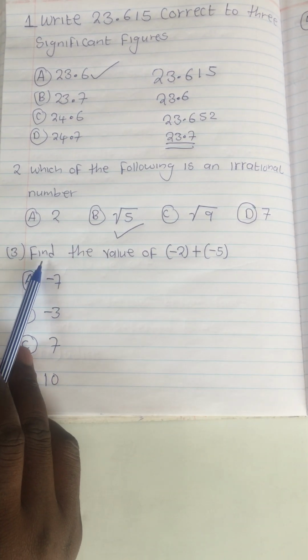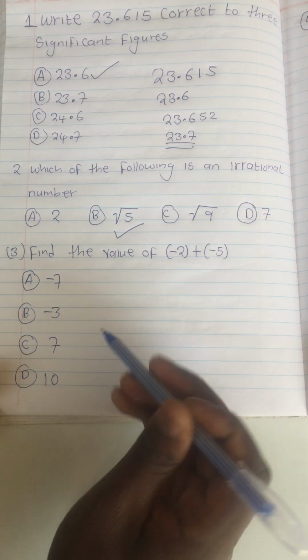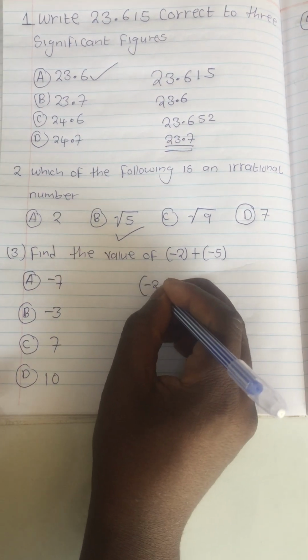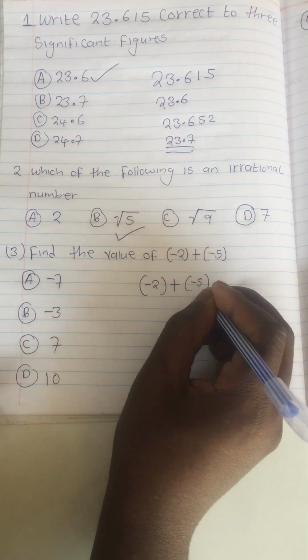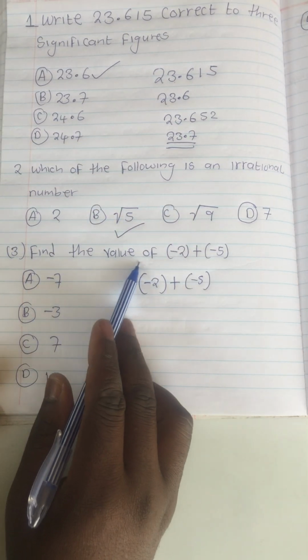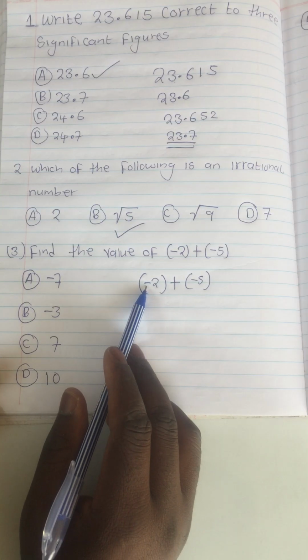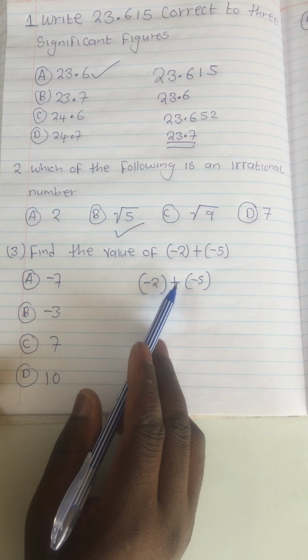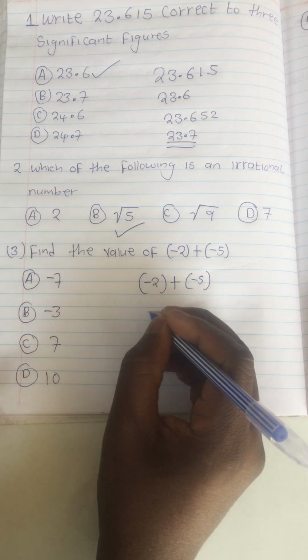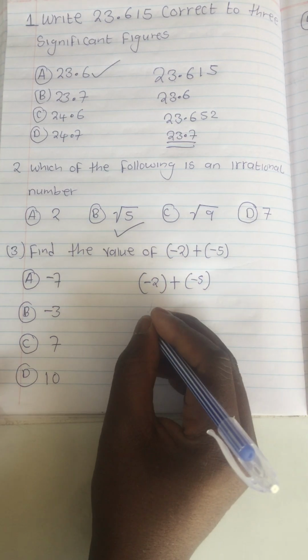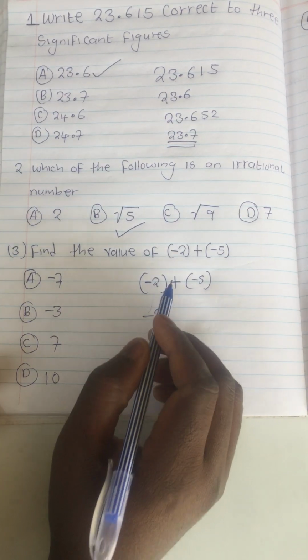We come to number 3. Number 3 reads: find the value of open -2 close plus open -5 close. So you remove it outside the brackets, which is -2.